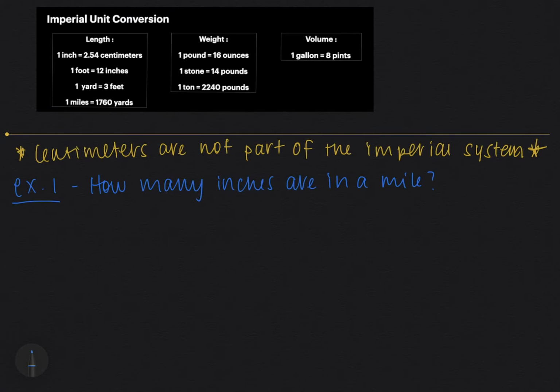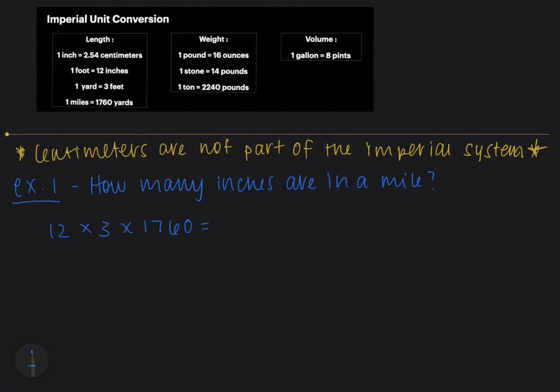and 1 yard is equal to 3 feet, and 1 foot is equal to 12 inches. So what we're going to have to do is work from there to find how many inches are in a mile. So we're going to say, okay, there are 12 inches in a foot, and we're going to multiply that times the 3 feet that are in a yard, and then we know that there's 1,760 yards in a mile. So we're going to have to multiply it by 1,760.